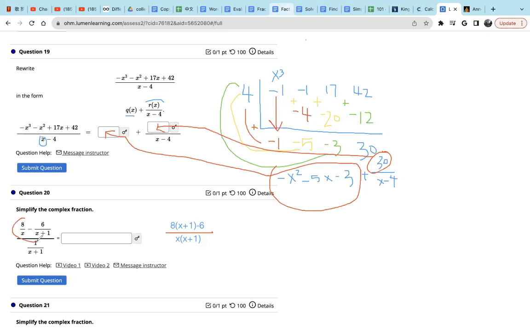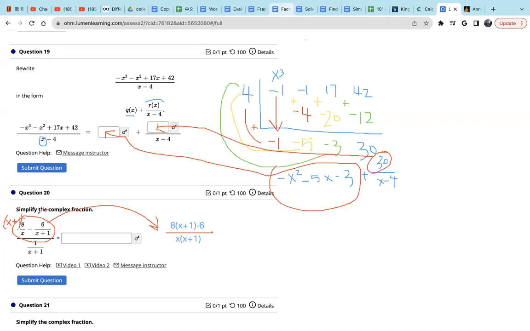Those 2 terms become this, because we multiply a over x by x plus 1 over itself. We multiply x plus 1 with a, and we multiply x plus 1 with the denominator x. So we get a times x plus 1 divided by x times x plus 1.